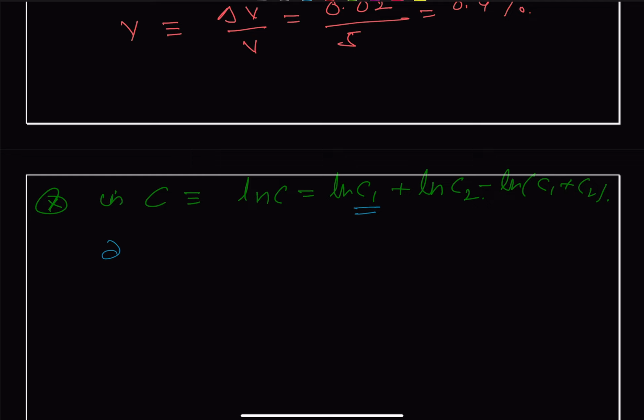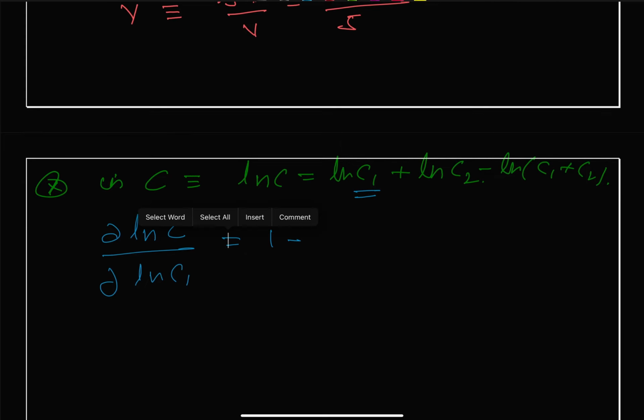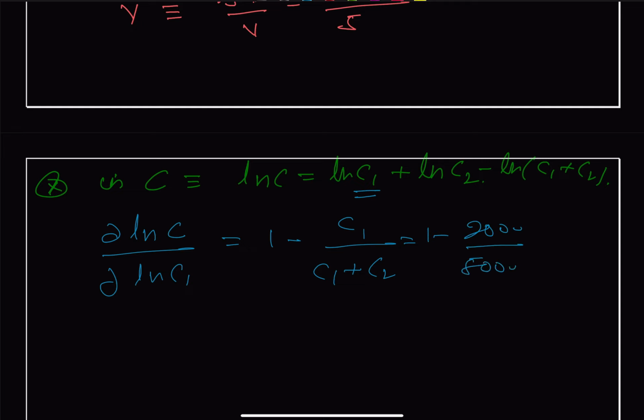So we can write partial differentiation of natural log of C with respect to natural log of C1 is equal to 1, and minus this comes as C1 upon C1 plus C2, which gives us 1 minus 2000 divided by 5000, giving us 0.6.